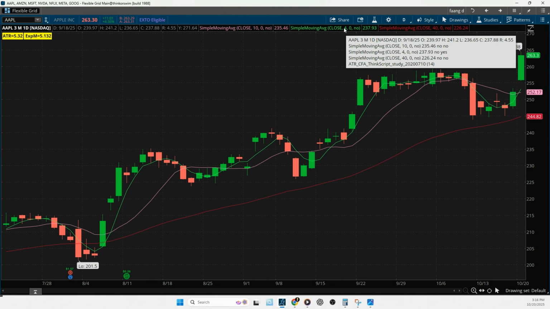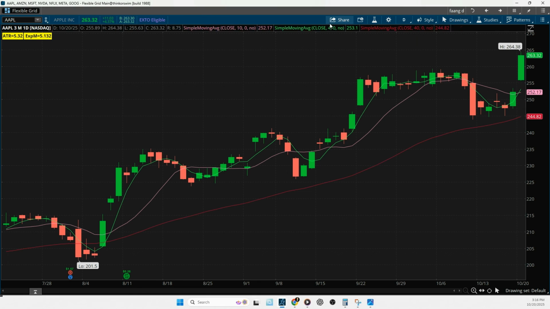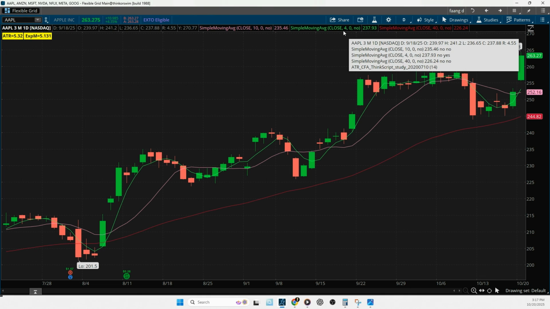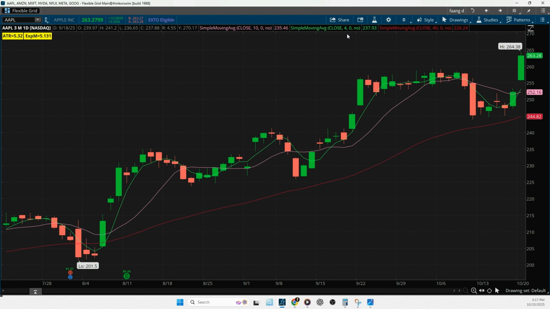It's a little bit of a weird moving average selection, I think because I originally put this together on a weekly. Nonetheless, we're going to look at these moving averages, even though they're kind of weird. So pretty short-term moving averages, 10-day and 4-day, both simple.